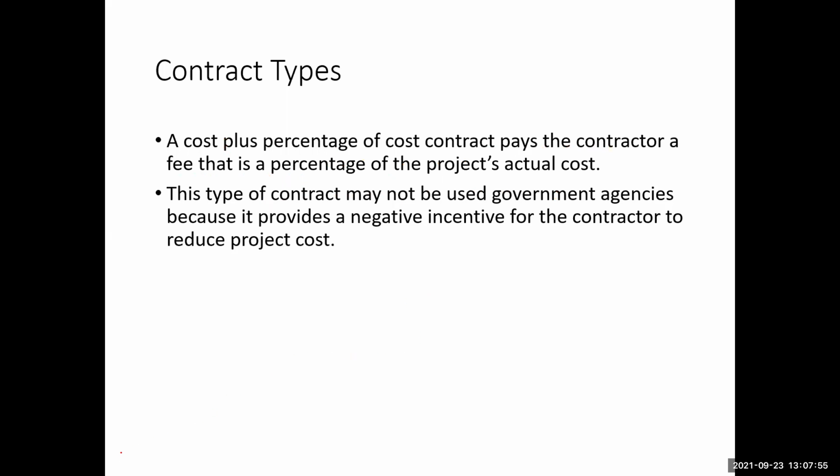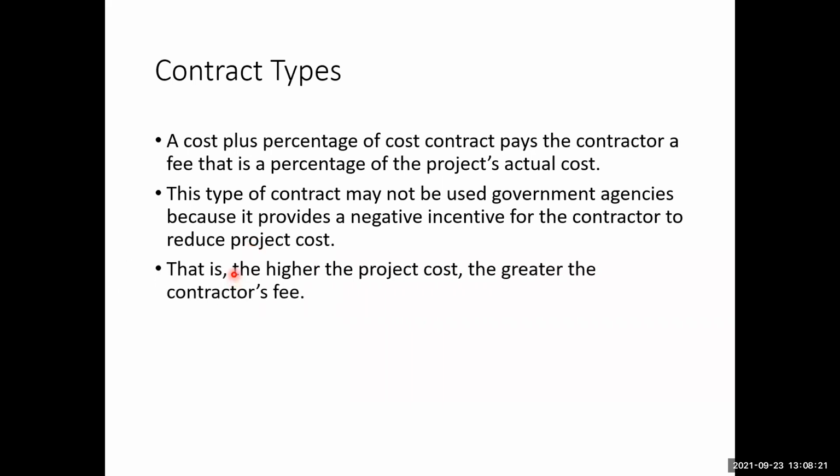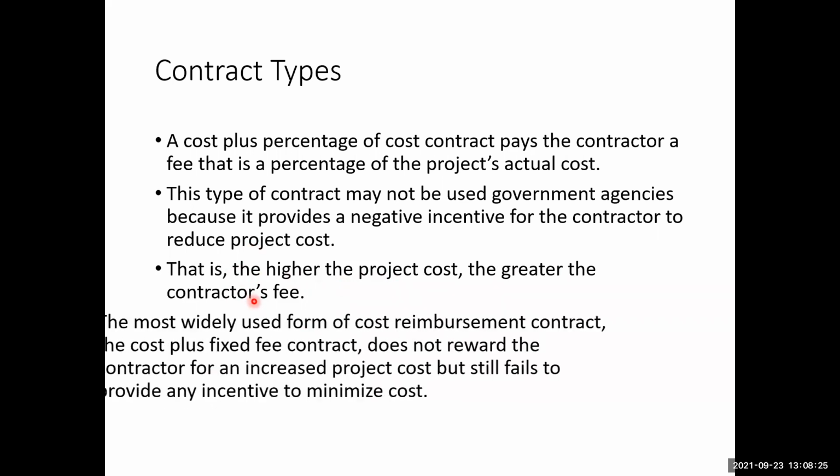This type of contract may not be used by government agencies because it provides a negative incentive for the contractor to reduce the project cost. If the contractor does the work at higher cost, the contractor will get the higher profit. That is, the higher the project cost, the greater the contractor's fee.